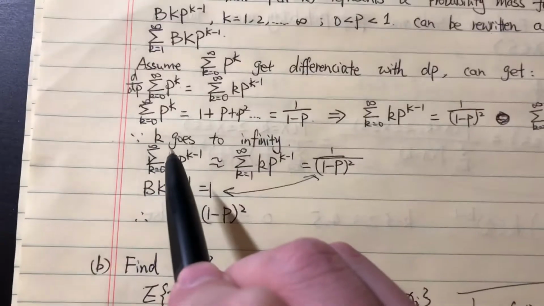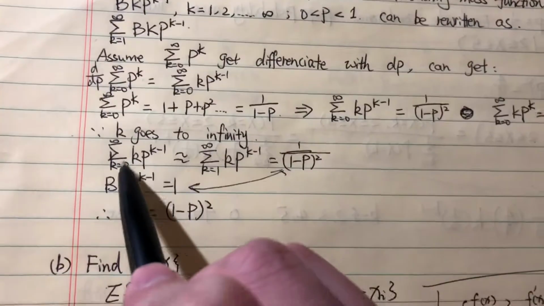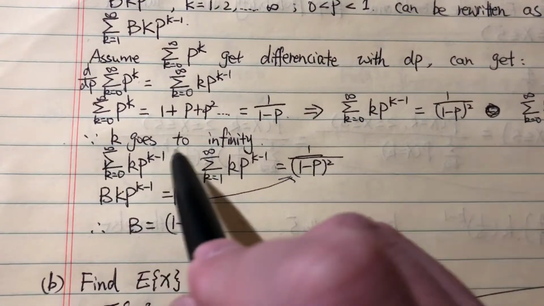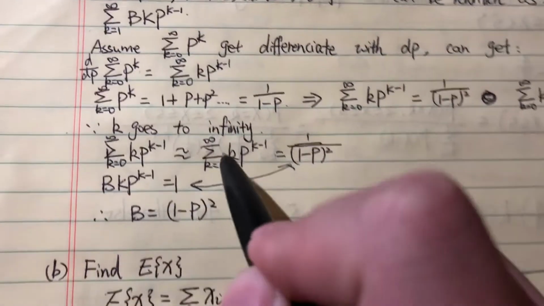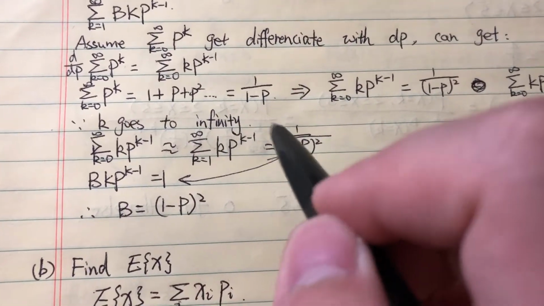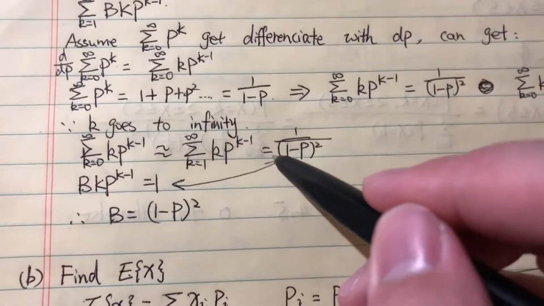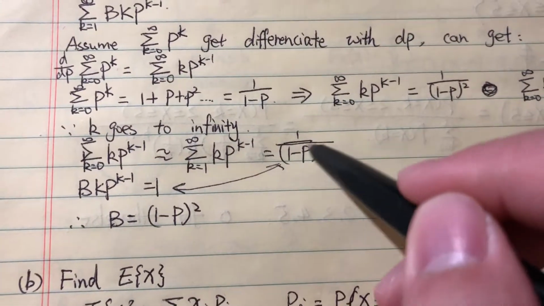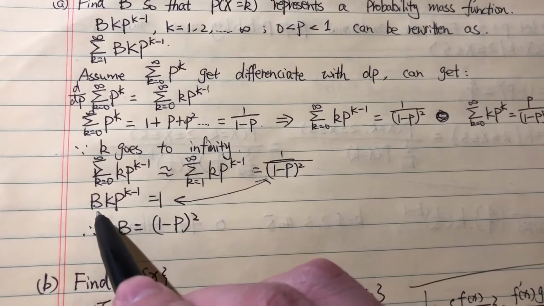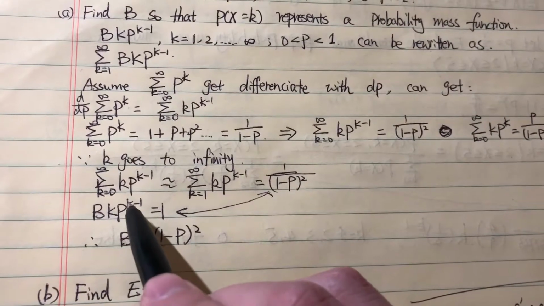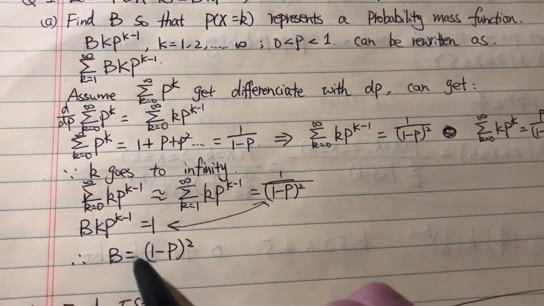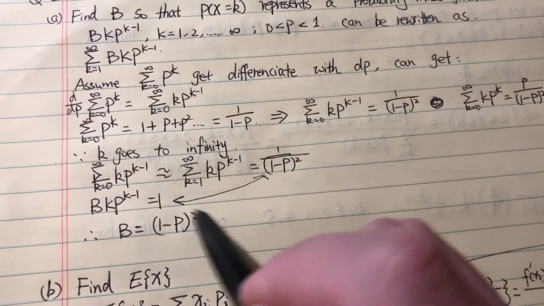When k goes to infinity, this sum is similar to the sum of k equals 1 to infinity of k times p to the power of k minus 1, which is equal to 1 divided by 1 minus p to the power of 2. So b times this sum is equal to 1, and we get b is equal to 1 minus p to the power of 2.